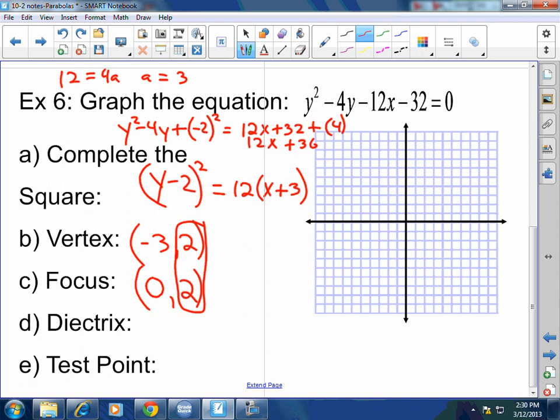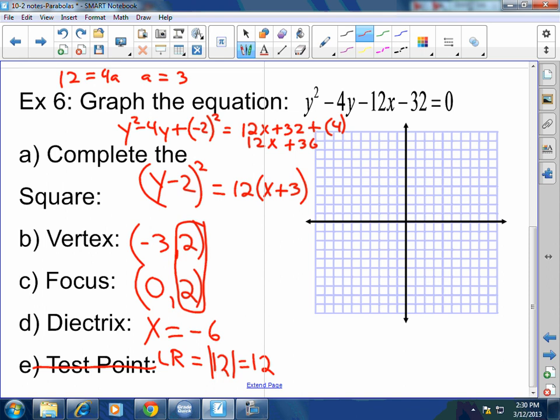That's how I got that. My directrix, since it's a y squared, is going to be an x equals, and it's going to be x equals h minus a, which gives me negative 6. We don't need a test point anymore. We're looking for the latus rectum, which we know is already 12. So the absolute value of that is 12, and that's my distance.